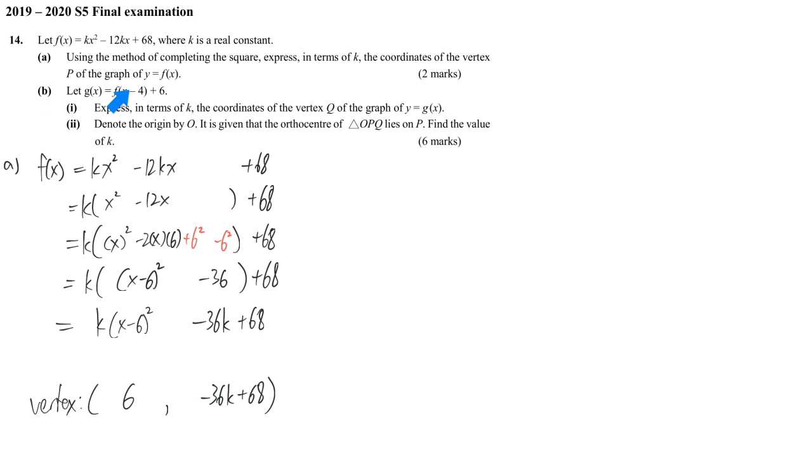After that, part B, there is another function which is called g(x) now. It's not exactly the same as f(x), but it's related by changing something in the original function. First, we have to analyze what is the effect of this item. Before the function, that means on the input side, we minus 4.